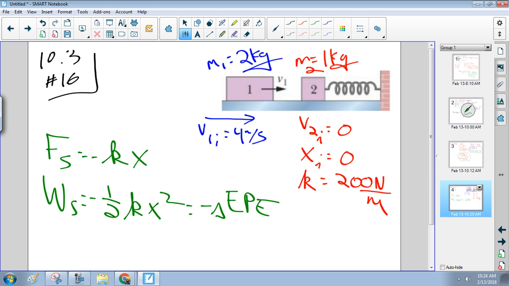So I see people do this all the time with springs. Again, only use calculus if you absolutely have to, if your acceleration isn't constant. Here, our acceleration isn't constant, but we already know an expression for the work done by a spring, or equivalently, the change in elastic potential energy.